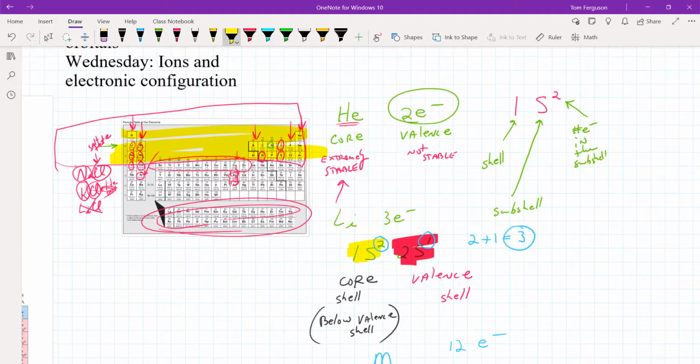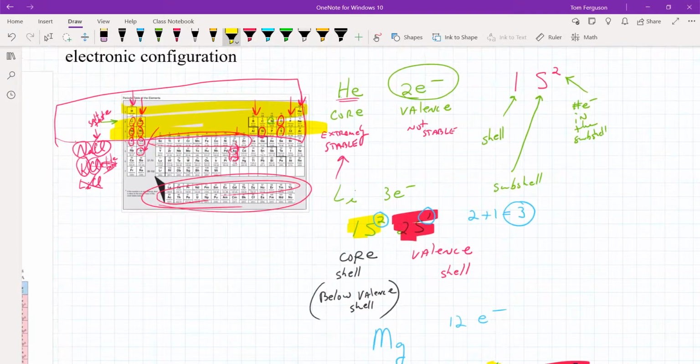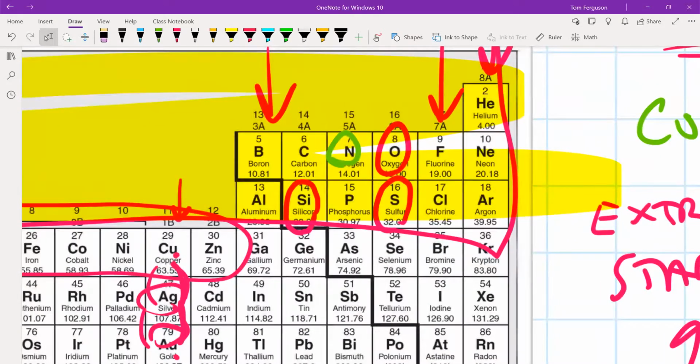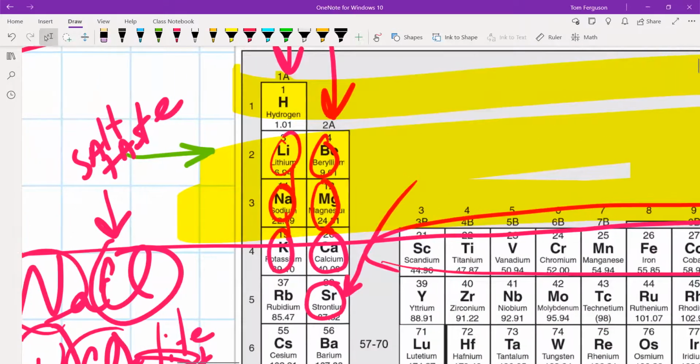Okay, so I'm going to end it, but I'm going to do one more. And let's do chlorine. Chlorine has 17 electrons and it's in shell 3.